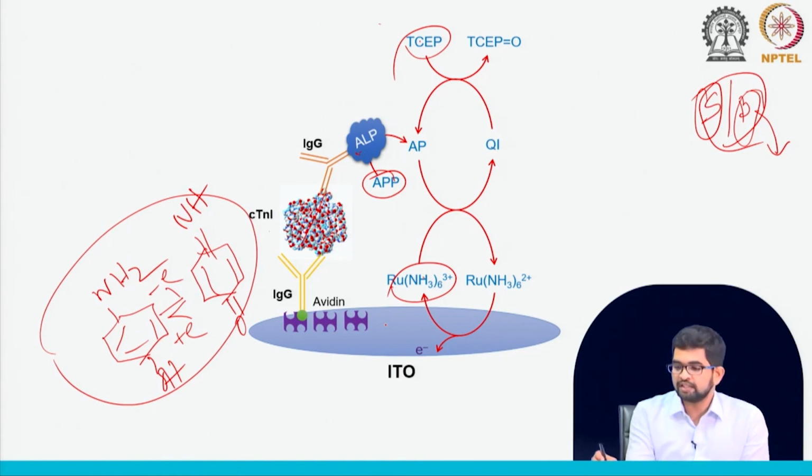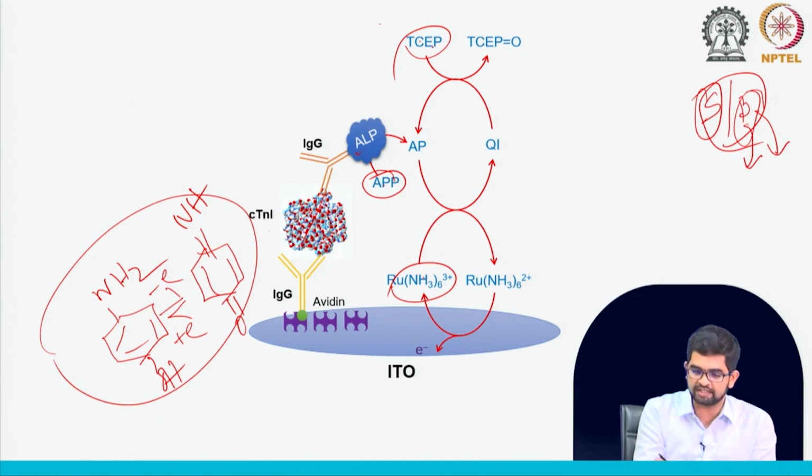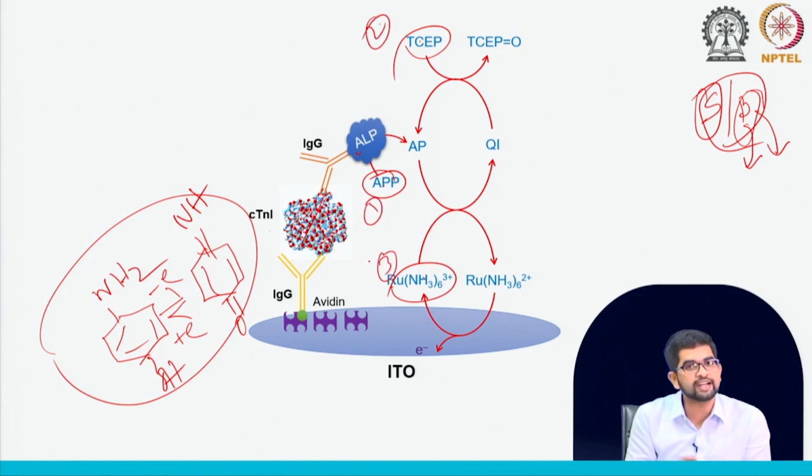Naturally, if you want to get low background current, these starting agents 1, 2, 3 should not react with each other. If they react with each other, they will generate a high signal. So, if you want low background and high signal, then these should react very, very slowly. Their reaction kinetics should be very, very slow.